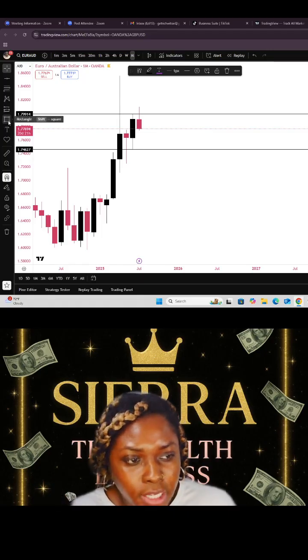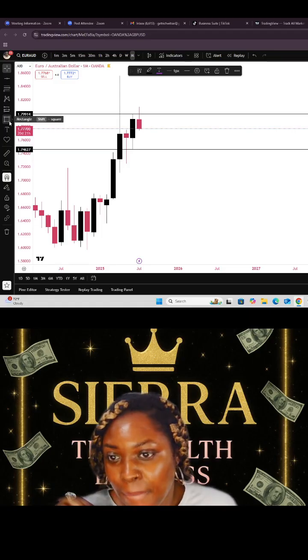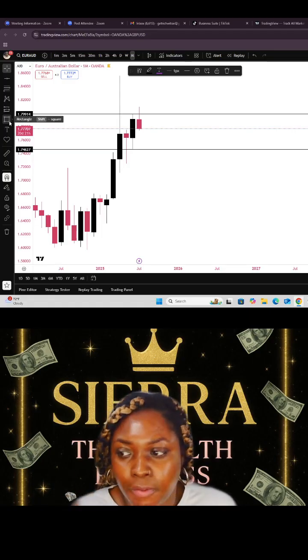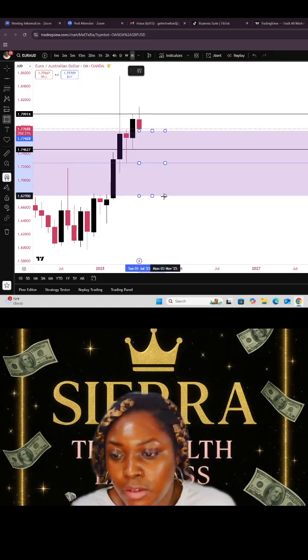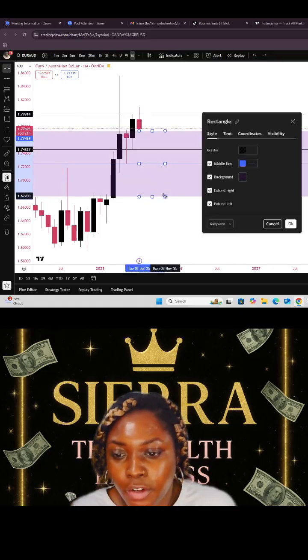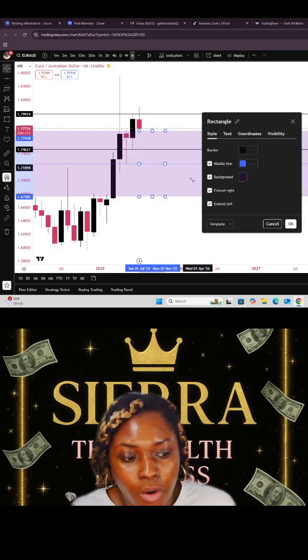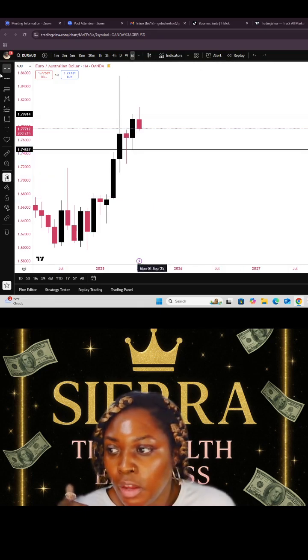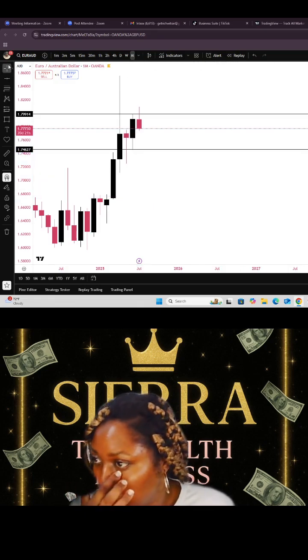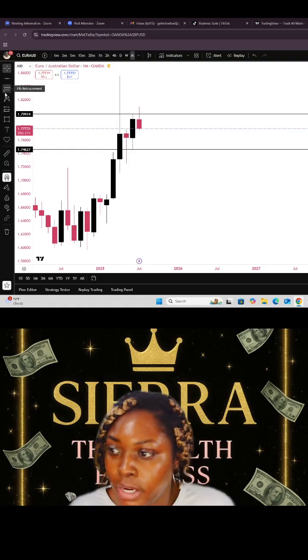And if your rectangle tool isn't allowing you to put the 50%, if you could draw it out, double click it. And if your rectangle tool isn't giving you these settings to be able to add the middle line, you can come over here, 1, 2, 3 down on your toolbar.